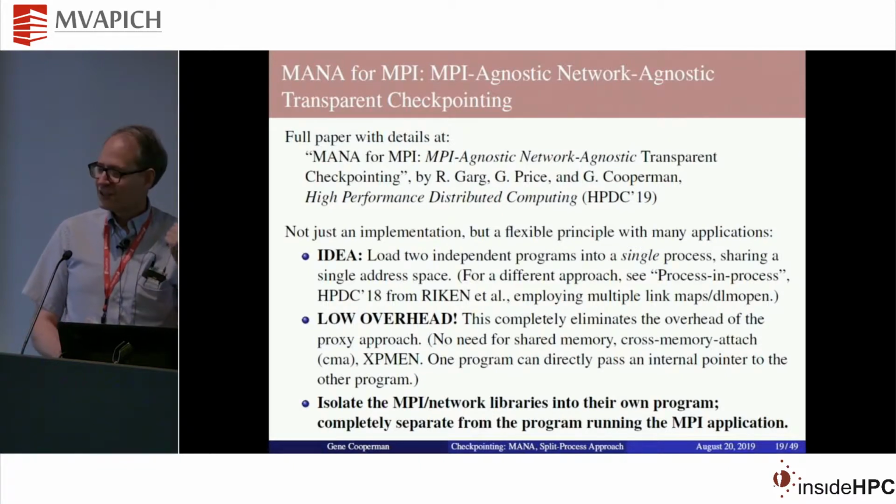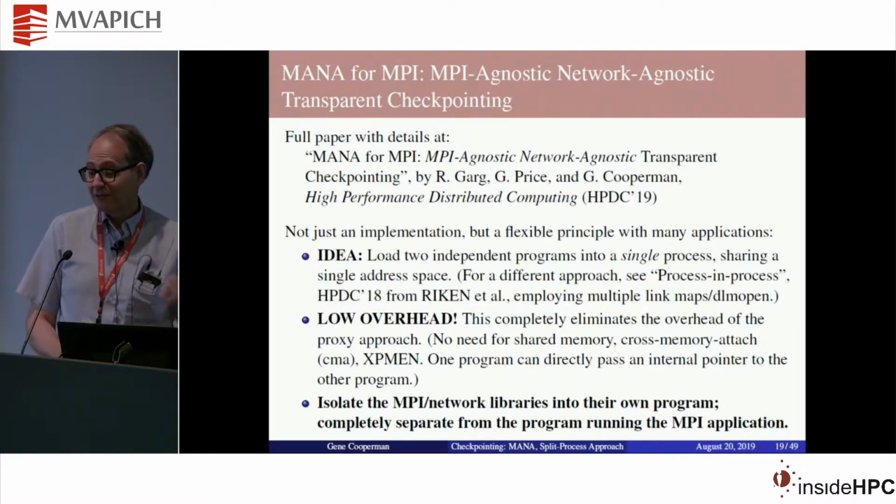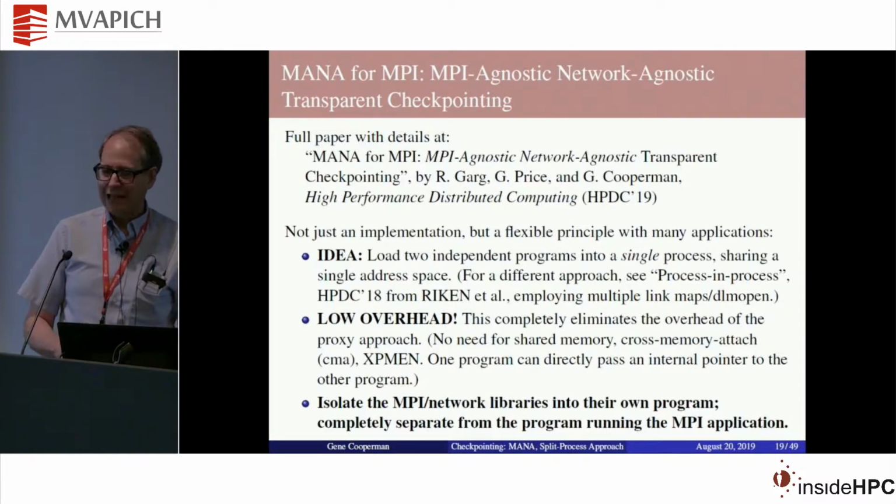Problem 1, start up a new MPI and network. Your favorite choice, we don't care which. Problem number 2, restore the application memory. And then when you're done, let them communicate with each other again. Basically reconnect the plumbing between those two programs.